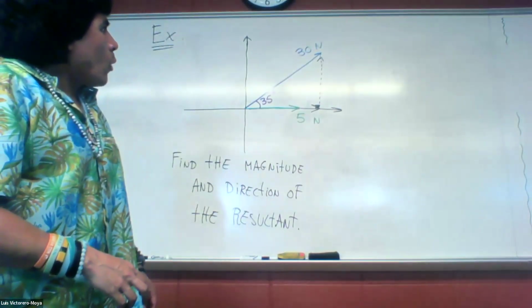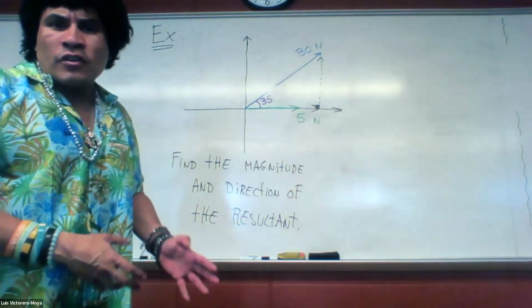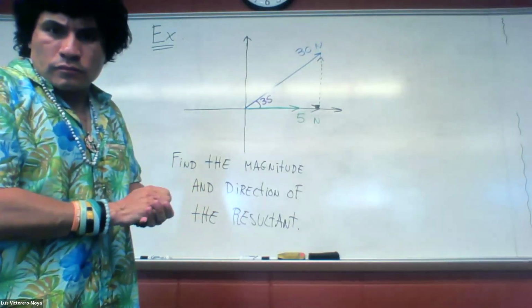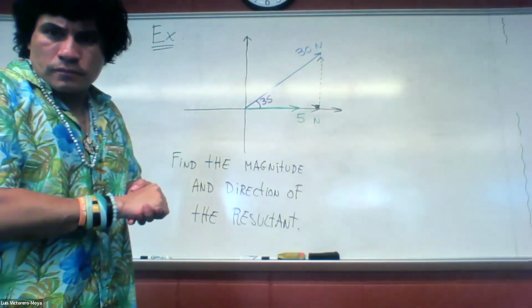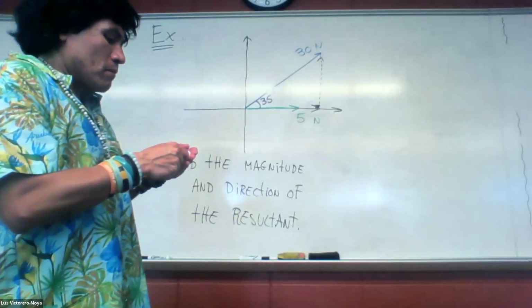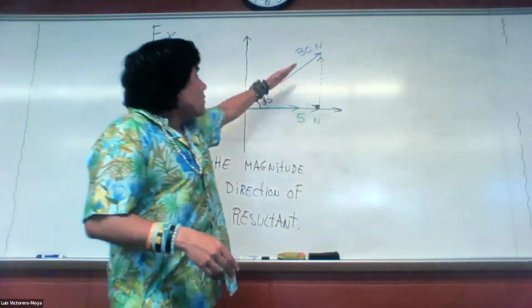What will be the y component of the 30 Newton vector? 30 sine 35, okay, yeah. And what will be the x component? The x would be 30 cos 35. 5 is already there.